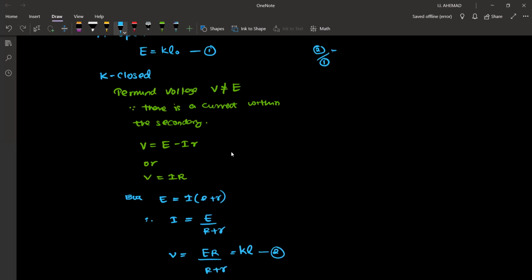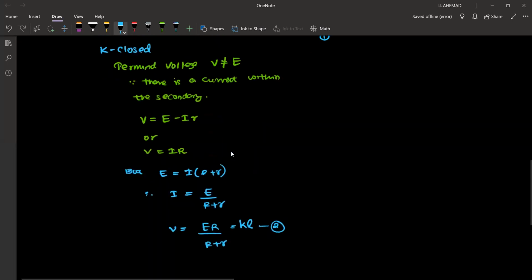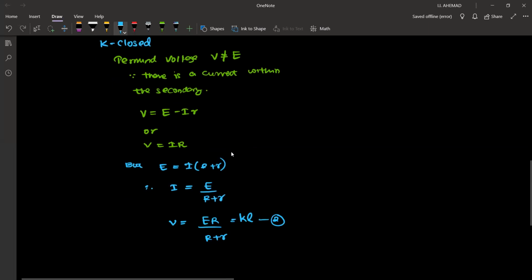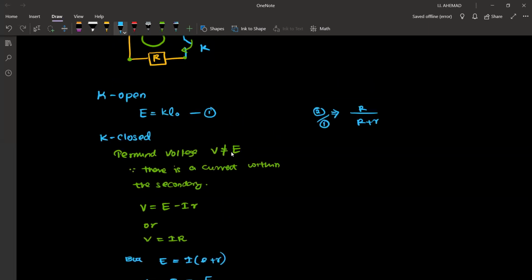So when I divide, I get R over R plus R, that is equal to L over L naught.